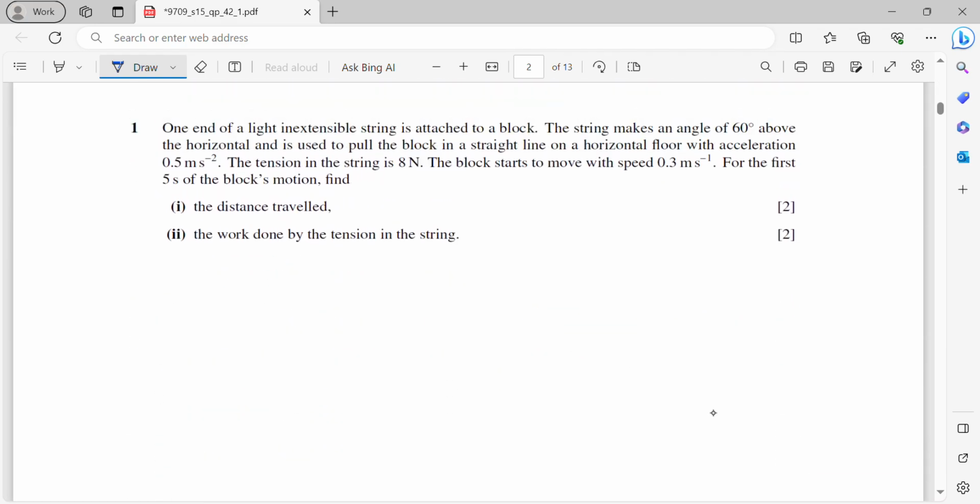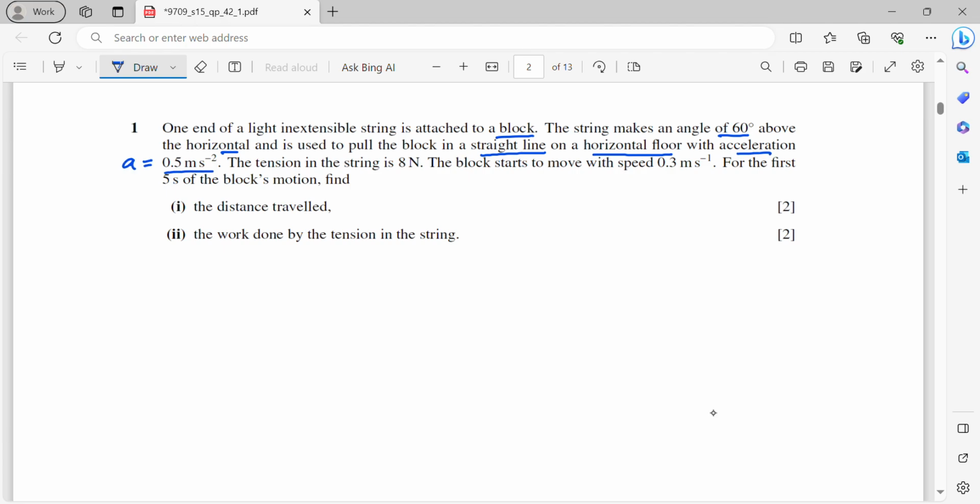Question number 1. One end of a light inextensible string is attached to a block. The string makes an angle of 60 degrees above the horizontal and is used to pull the block in a straight line on a horizontal floor with acceleration 0.5 meter per second squared.